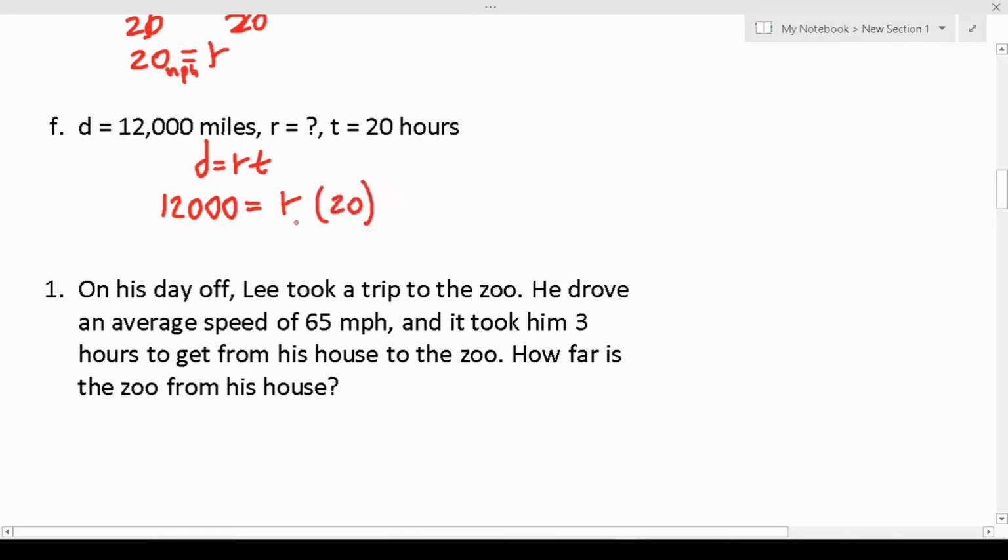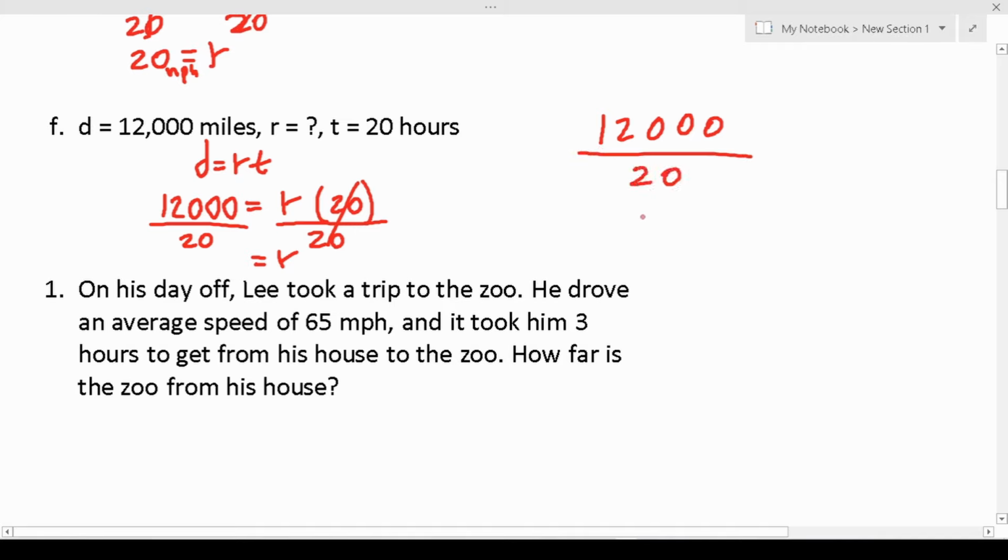As we did above, we'll divide both sides by 20 to get R by itself. This will cross out, leaving you with just R. And as we can see, R equals 12,000 divided by 20. Since we're running out of space here, let's go ahead and work this one off to the side. That's 12,000 divided by 20.